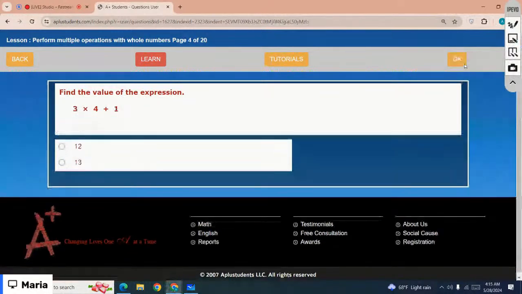Find the value of the expression. So which is the correct option? The correct option is 13.